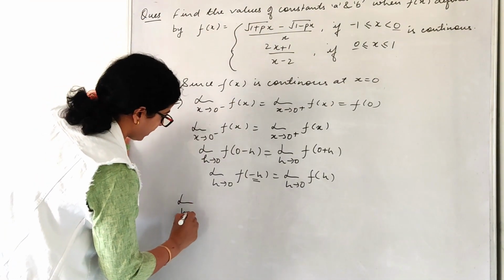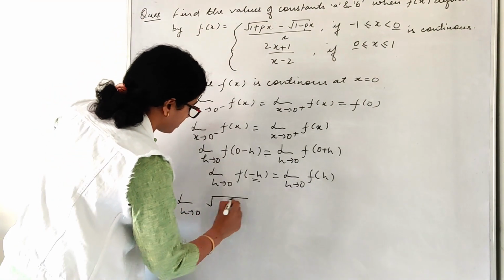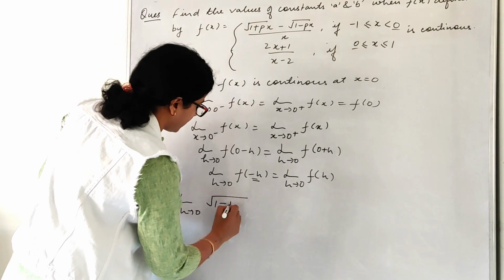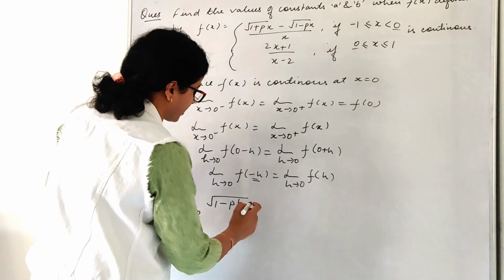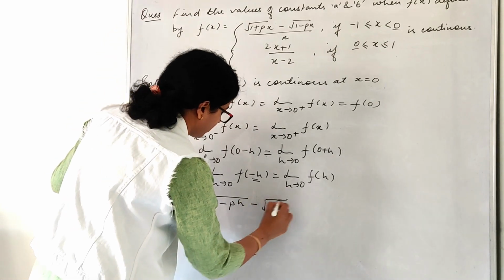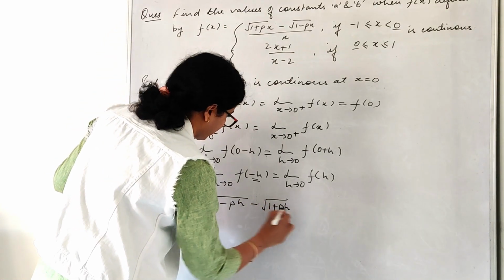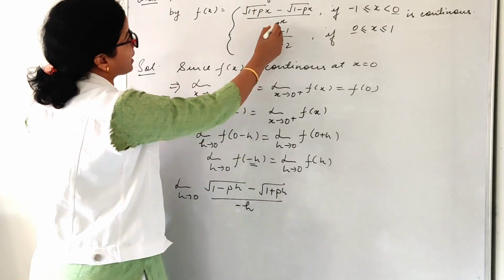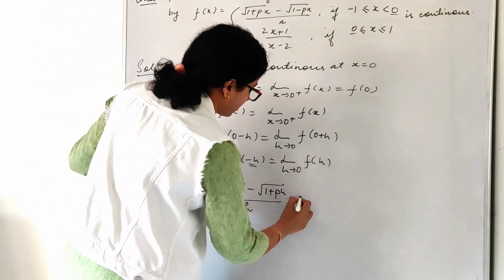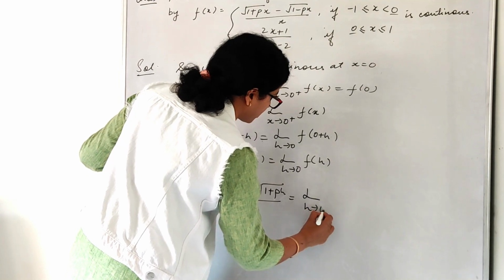So limit h tends to 0 under root 1 minus ph plus, because x has been replaced by minus h, minus under root 1 plus ph upon minus h, because x is replaced by minus h, is equal to limit h tends to 0.